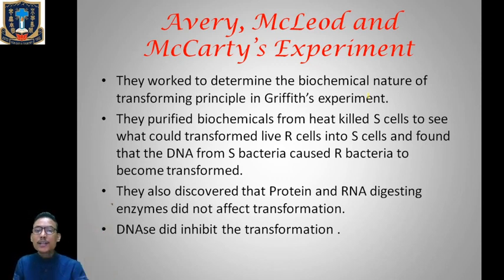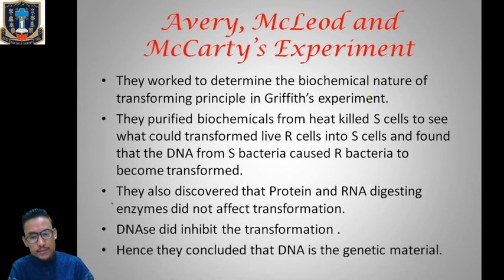It inhibited the process, stating that it was DNA that was responsible for transforming the avirulent or non-virulent R strain into the virulent S strain. So this proves that DNA is the genetic material and it was responsible for carrying on the transformation principle. Okay, so they concluded that DNA is the genetic material.